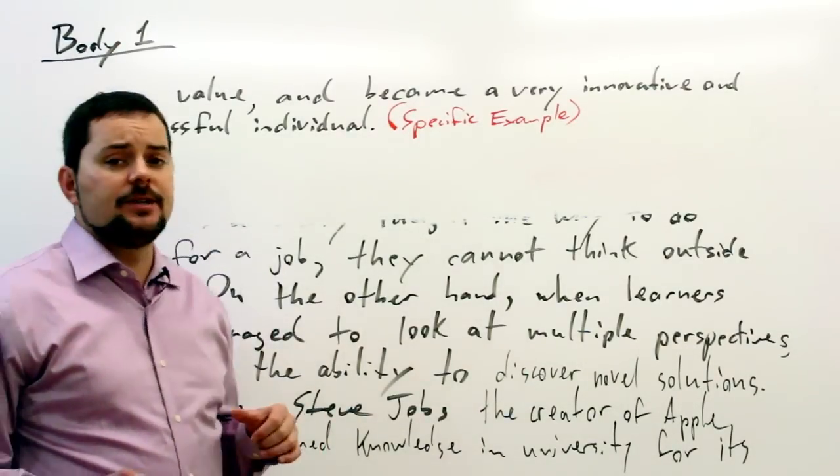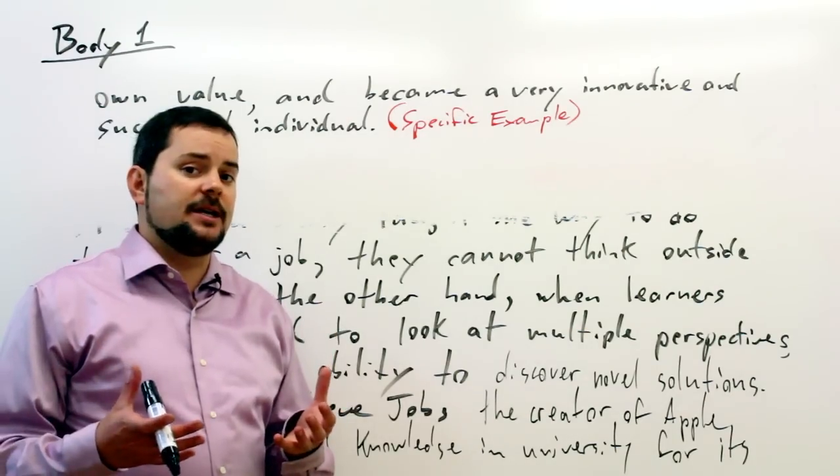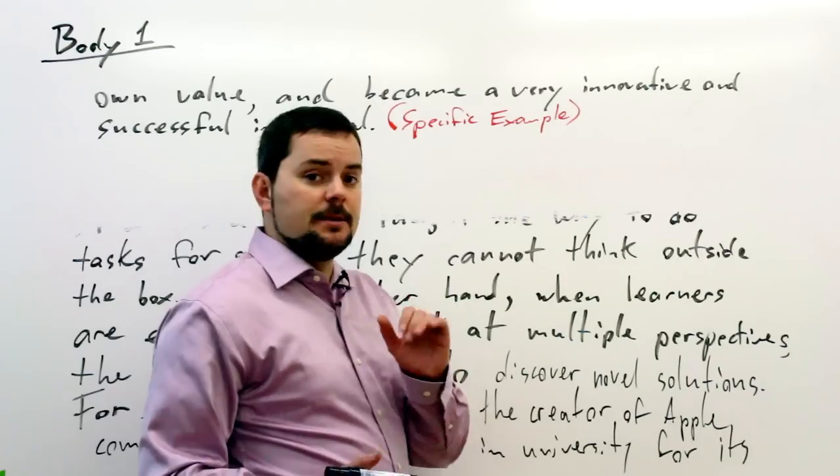Now, as a final sentence for the body 1 here, I can bring it back to the main idea and connect to the next paragraph. So something like this, just keep it simple.